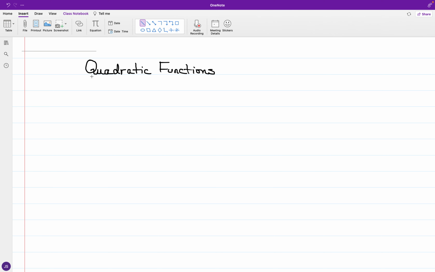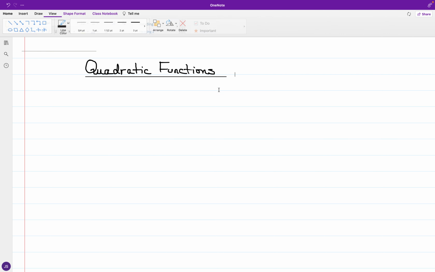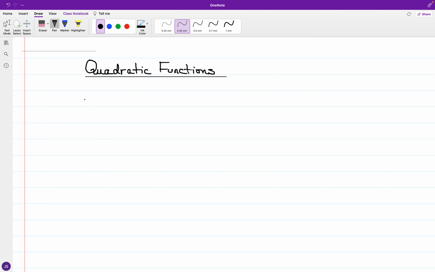So just getting things squared away regarding quadratic functions.